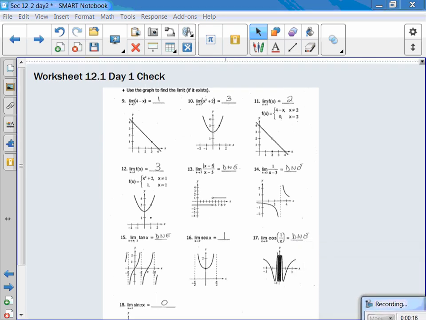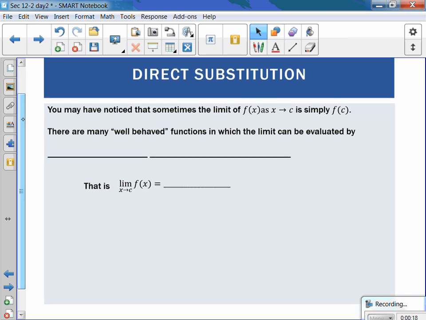All right, so as we saw yesterday when we looked at some of those limits, when we took the limit of f of x as x approaches c, it was just f of c. We just replaced the x with c, we actually came up with that limit. Sometimes we have functions that are well behaved where we can actually just use direct substitution.